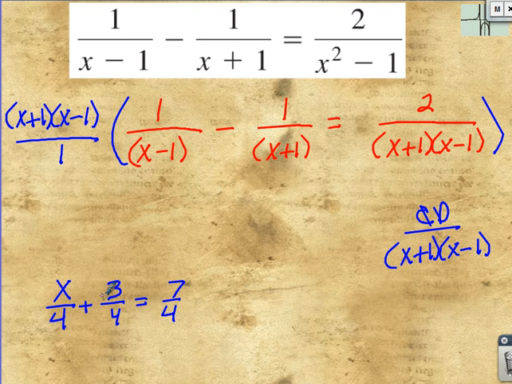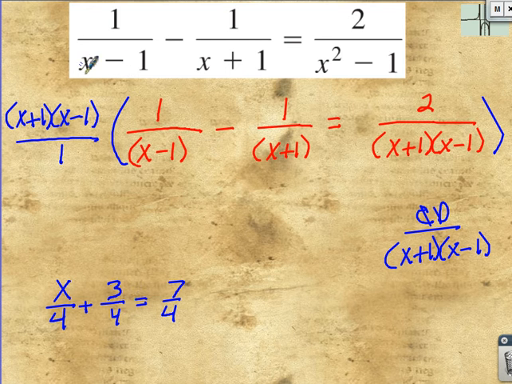Let's say that you're solving a rational equation. You've changed all the bottoms to be the same. Do the bottoms matter anymore? Think about that. X over 4 plus 3 over 4 equals 7 over 4. Ignore the bottoms. X plus 3 equals 7. What goes in the place of X there? 4, right? 4 plus 3 is 7.